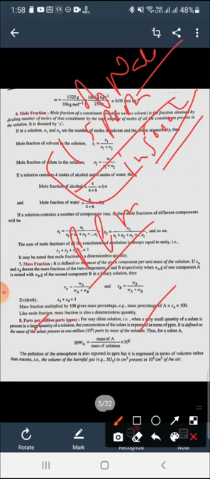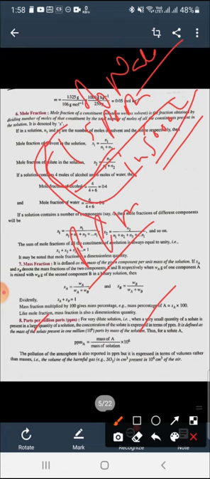Obviously no, there is no salty taste, but that makes a solution. Either we add 1 spoon or 10 spoons, it makes a solution, but the solution has very low concentration.